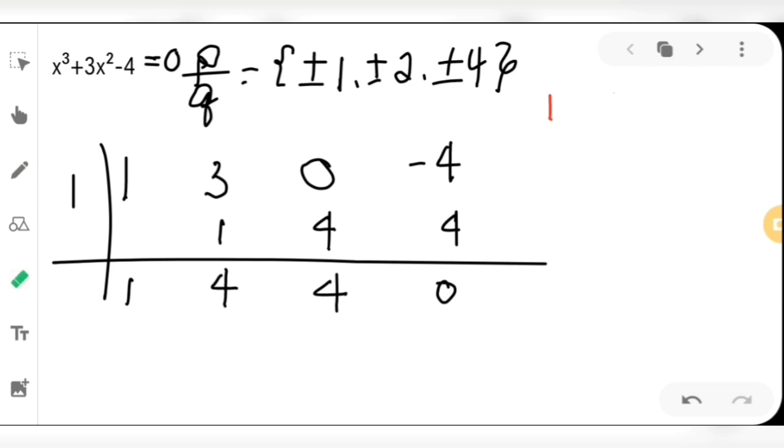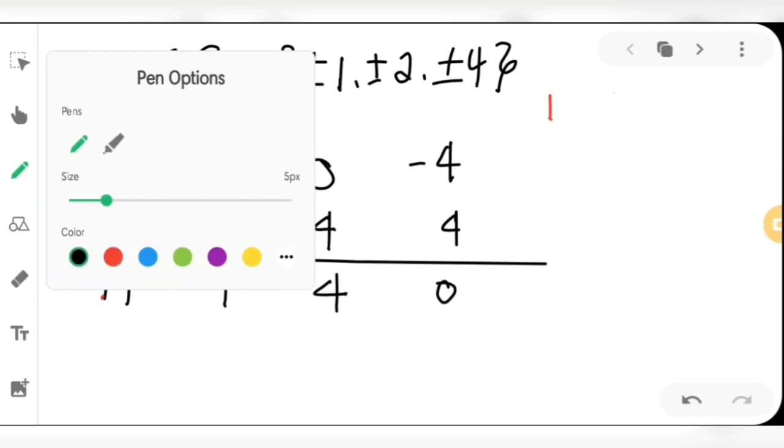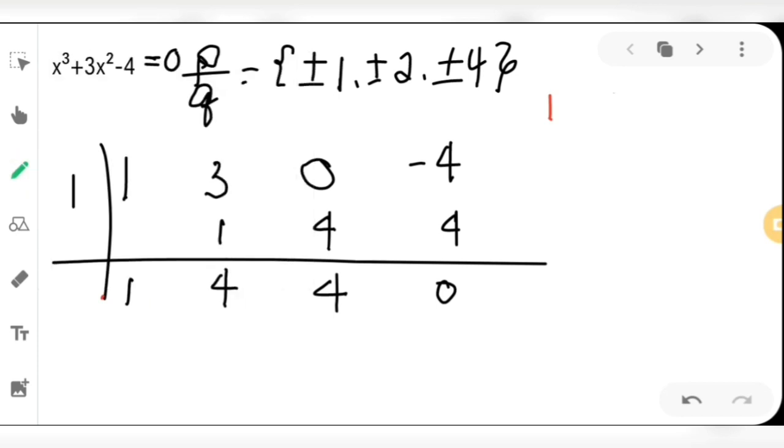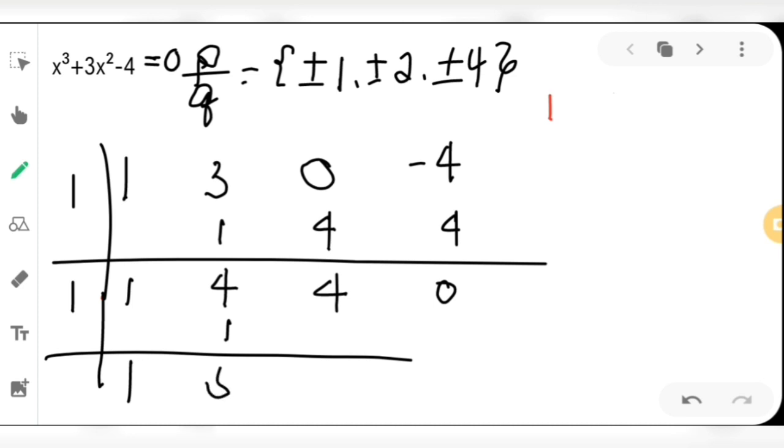Now, since 1 gave us a remainder of 0, we will try 1 again using the coefficients of the quotient. So we have 1, 4, 4. We are going to try again because of multiplicity. We are going to check if 1 has a multiplicity. So bring down 1. 1 times 1 is 1. 4 plus 1 is 5. 5 times 1 is 5. 4 plus 5 is 9.